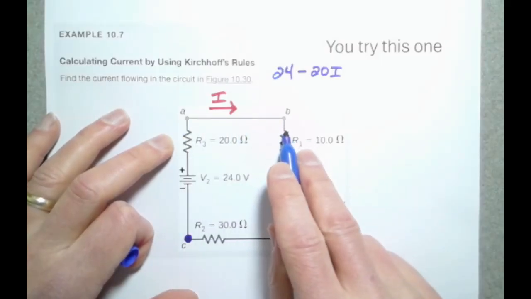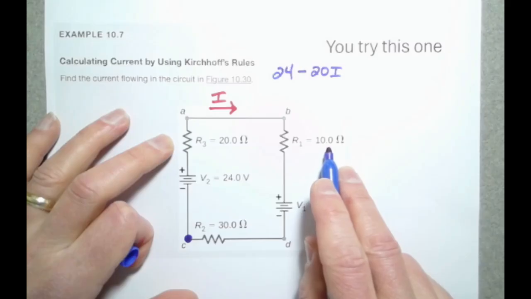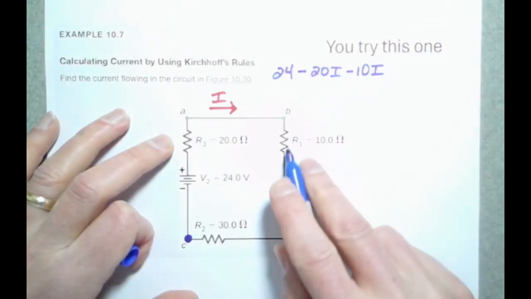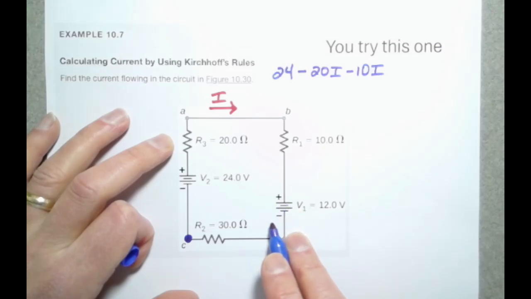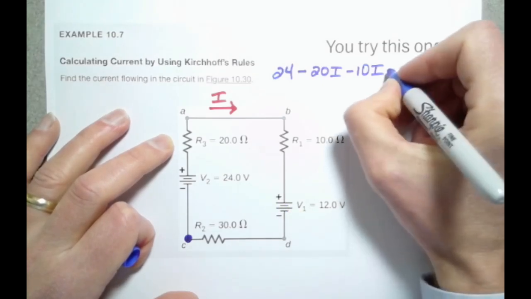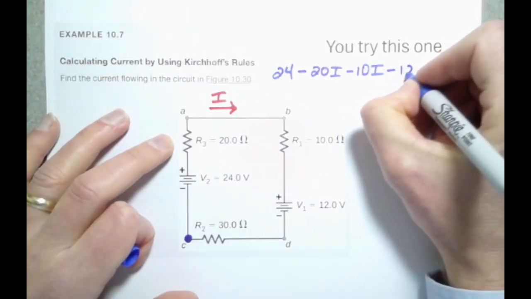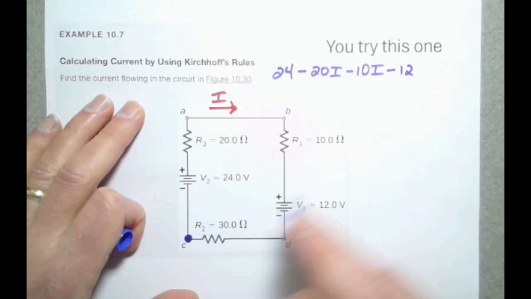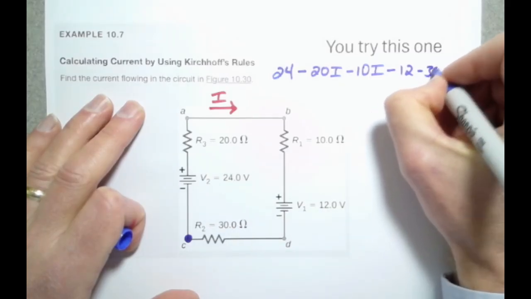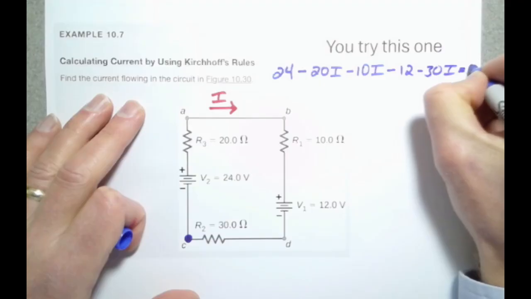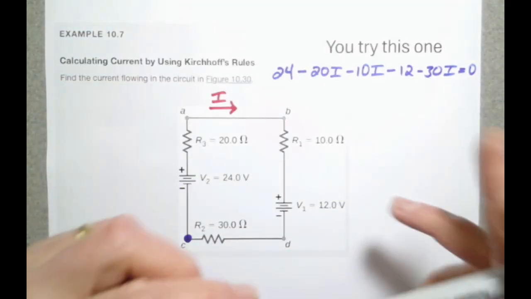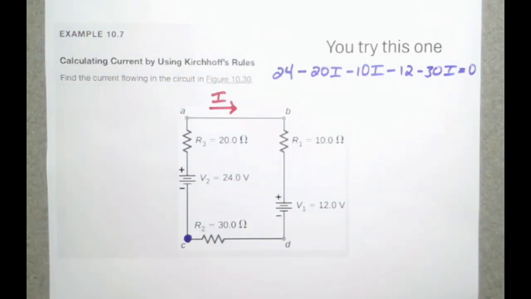And then we're going to go down 10I. Okay, and then we're going to go down 12 volts because we're going down this voltage source. And then we're going to go finally down 30I. And this equals 0.